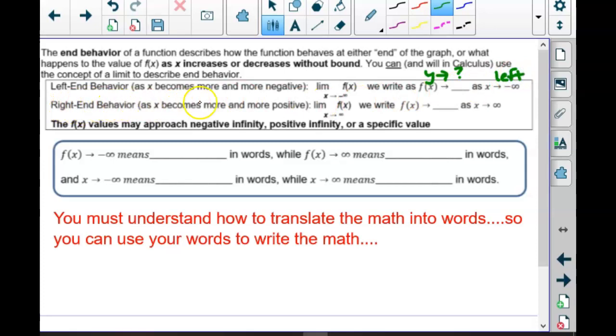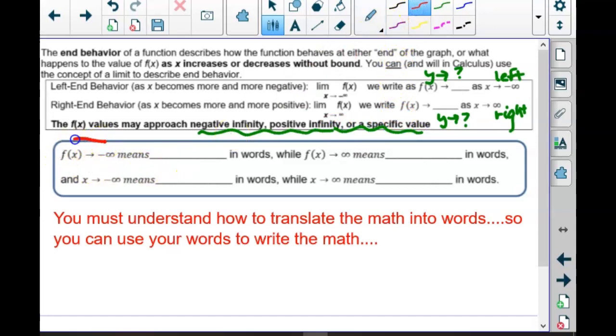Okay, right end behavior, we write f of x approaches, or y is getting closer to what, as x approaches positive infinity, means as we go further to the right. The f of x values may either approach positive or negative infinity or a specific value.